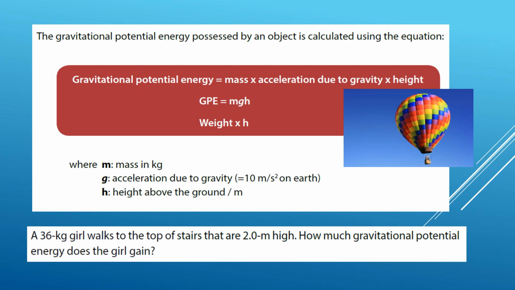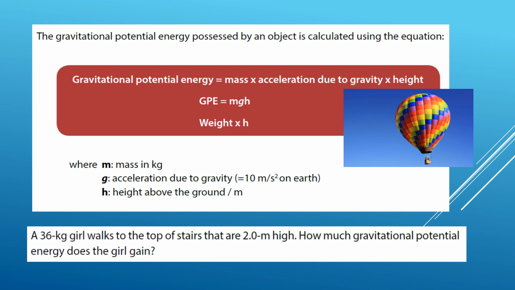Consider the example given. A 36 kilogram girl walks to the top of the stairs that are 2 meters high. How much gravitational potential energy does the girl gain? So considering the formula, potential energy is equal to mass times g times height.